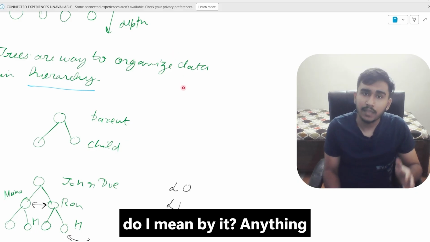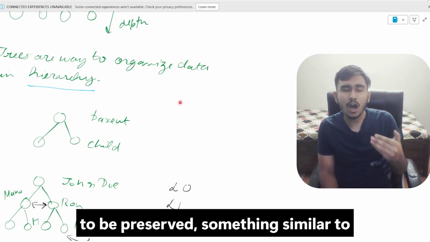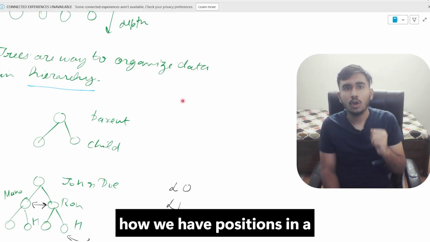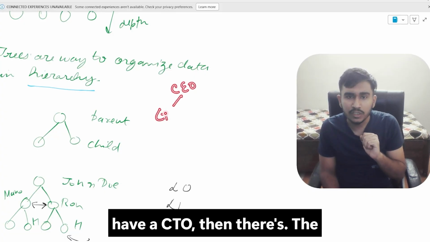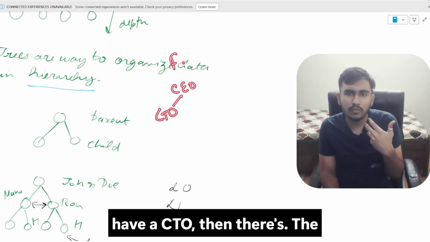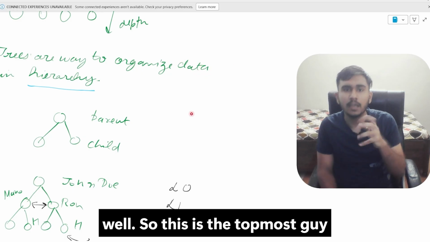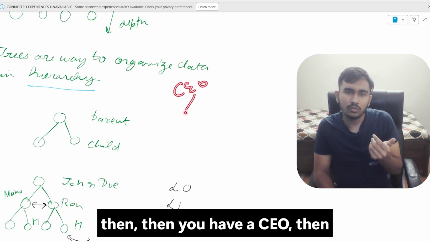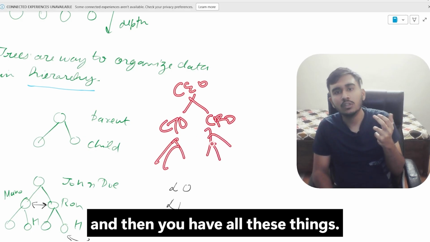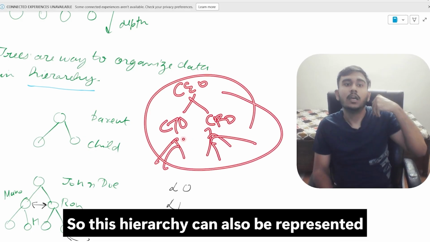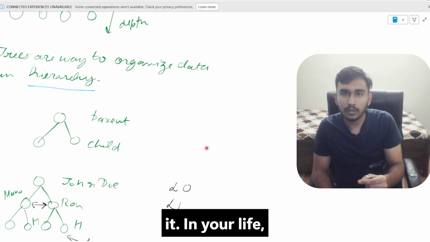Anything that has an order that needs to be preserved, something similar to how we have positions in a company. You have a CEO, you have a CTO, then there's obviously CEO is mostly the founder also as well. So this is the topmost guy. Then you have CEO, then you have CTO, then you have CFO, and then you have all these things. So this hierarchy can also be represented by a tree, and I'm sure of it.